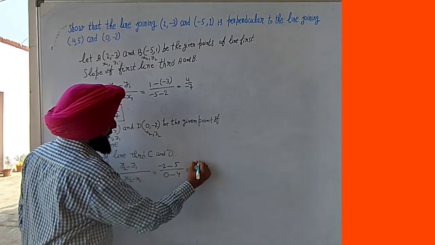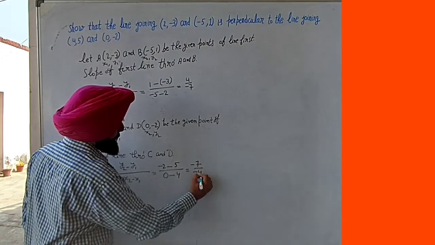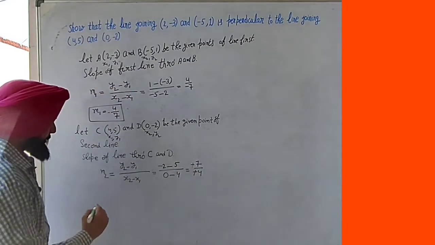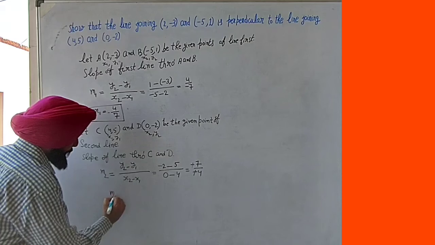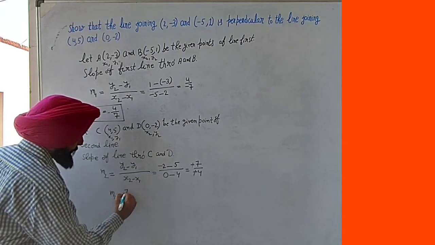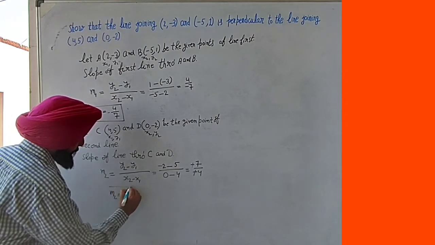So it becomes minus 7 over minus 4. Minus minus cancel. M2 equals 7 over 4.